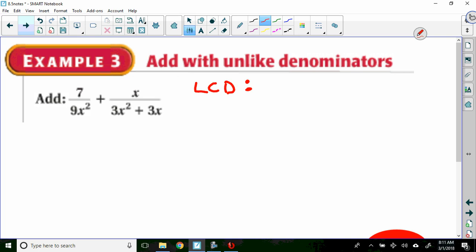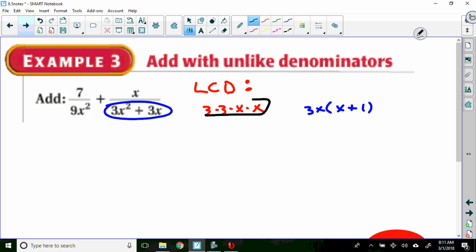To find this LCD, I'm going to be looking at 9x squared, which is 3 times 3 times x times x, and this other thing, which if I break it down is 3x times x plus 1. So what's my LCD going to look like?